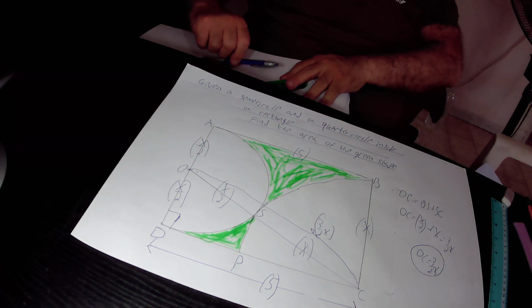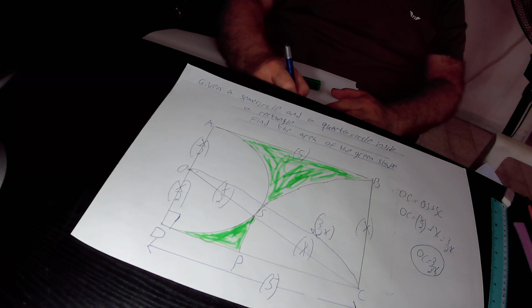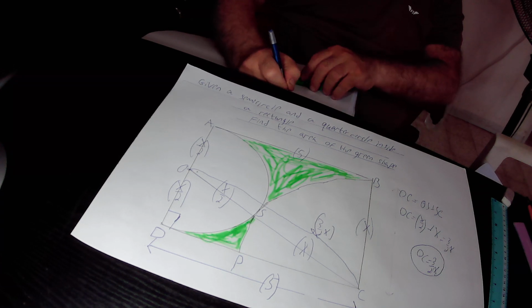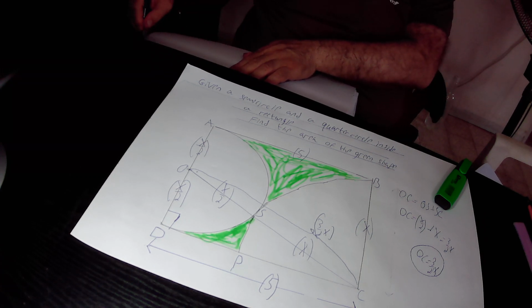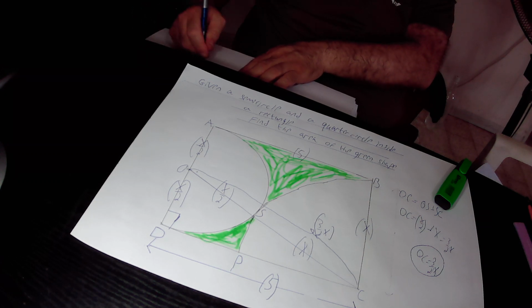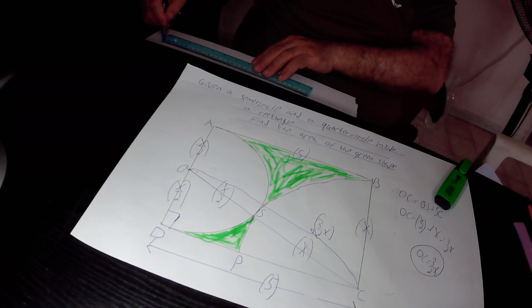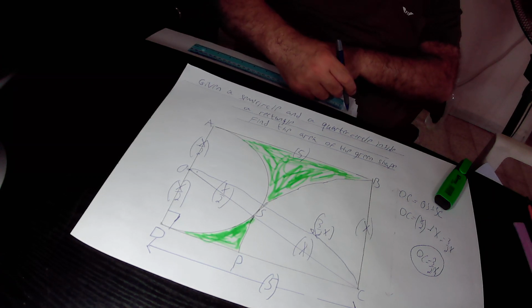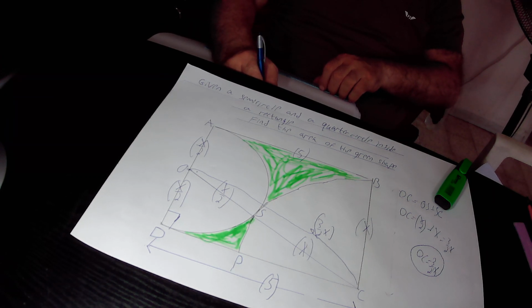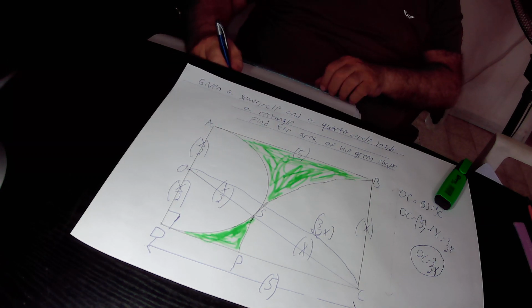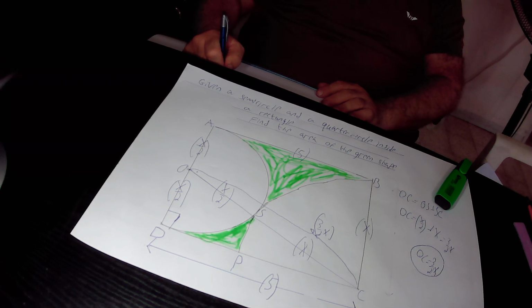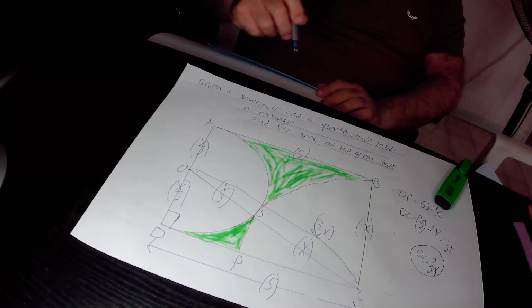So I write it down. The area of the green shape equals the area of rectangle ABCD minus the area of this semicircle minus the area of this quarter circle.